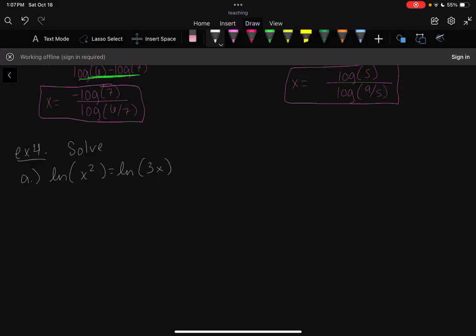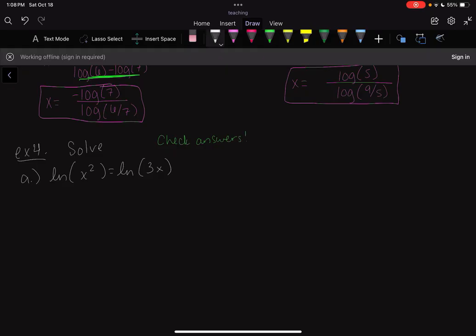They have domain restrictions, right? So there may be numbers that we get that if we plug it back in, we actually get something like undefined or like an error or something. So we're going to have to be careful that we check our answers. So we will need to check answers for logarithms.